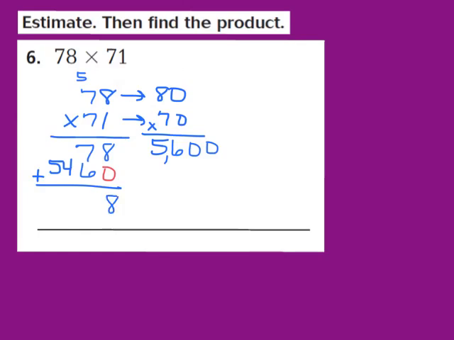I know that 7 plus 6 is going to be 13, and I'll carry the 1. 1 plus 4 is 5, and I'm going to bring the other 5 down. So my product turns out to be 5,538, and what I notice is it's close to my estimated answer. So what that tells me is my product is reasonable.